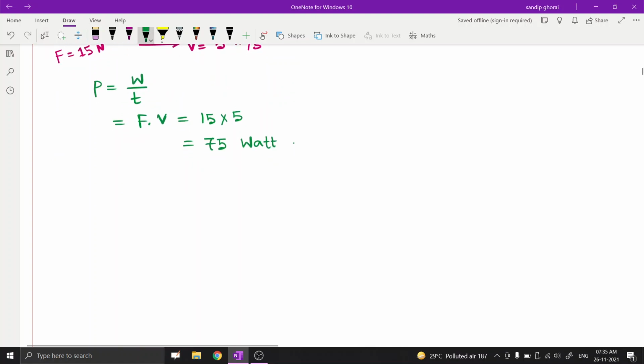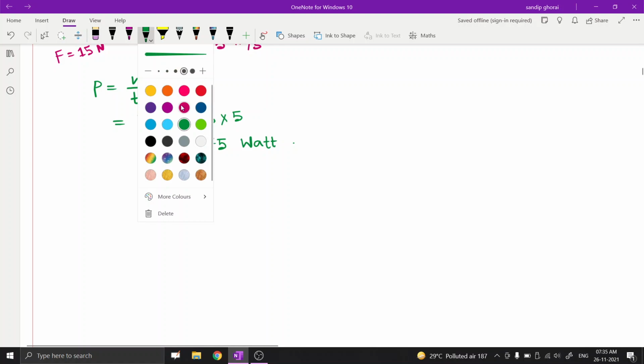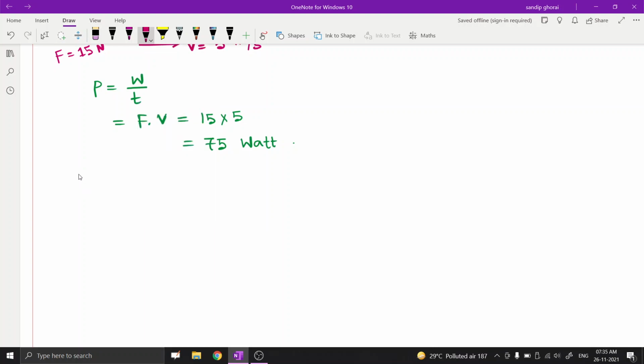Now we move to our next question, that is question number 7. In this question, at first a body, this is a body and its mass is simply m, and this body is A, and then we take another body, this body is B and its mass also m.